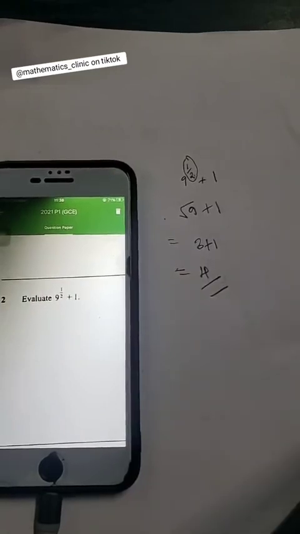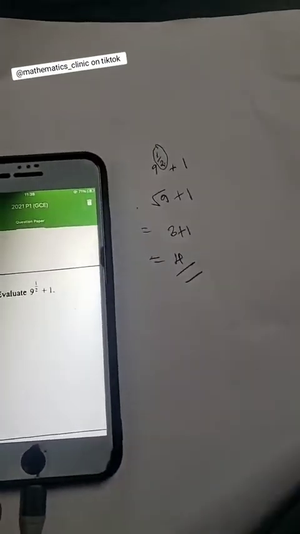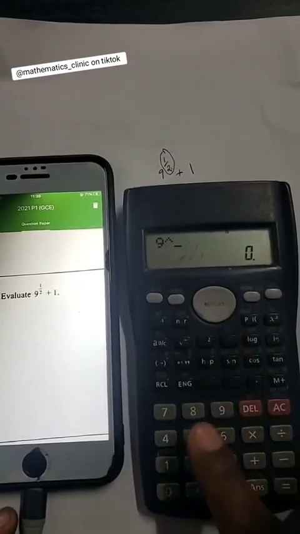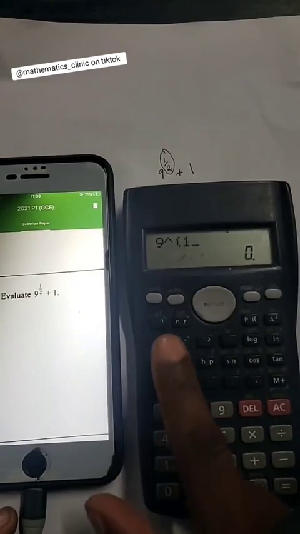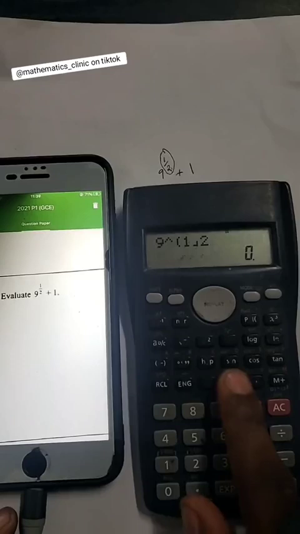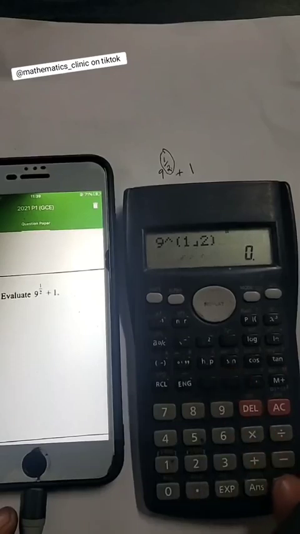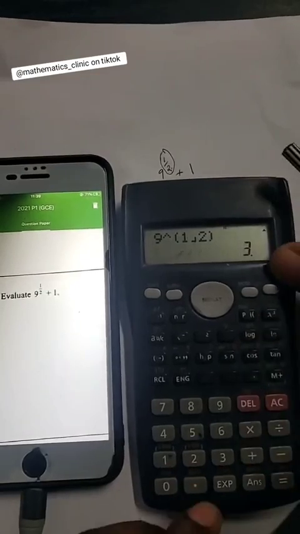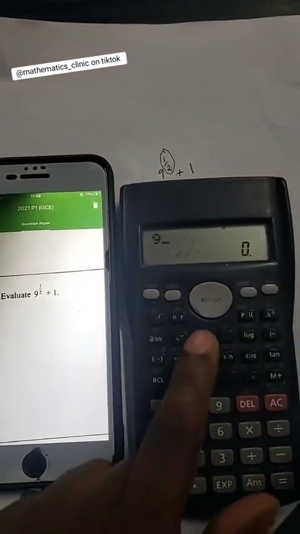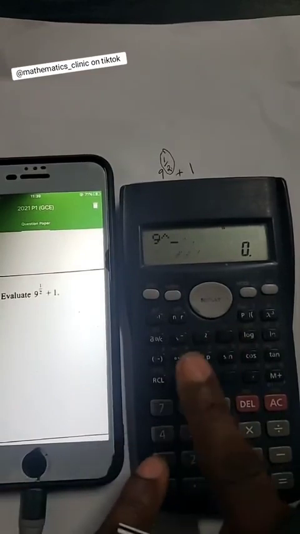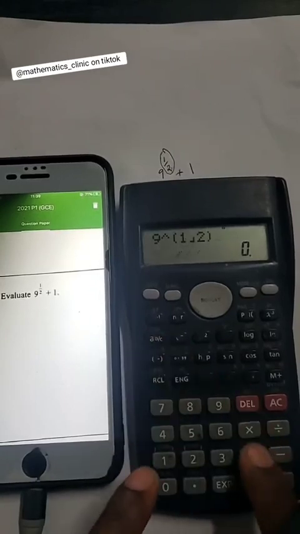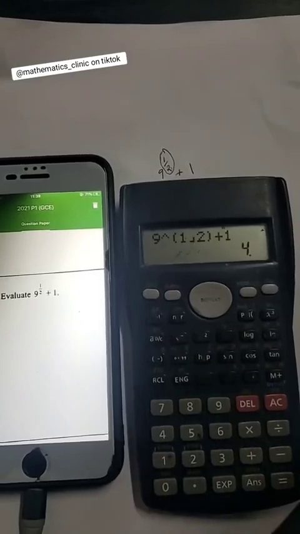Let me just explain using a calculator now. I have a calculator with me for the same problem. We said 9 to the power half, which is 1 over 2. When you say equals, we get 3. So 9 to the power half is 3. What we had was 9 to the power half plus 1, and that's our answer, 4.